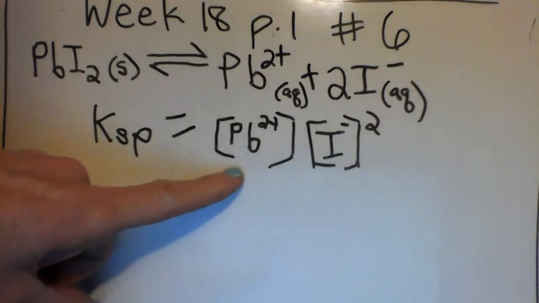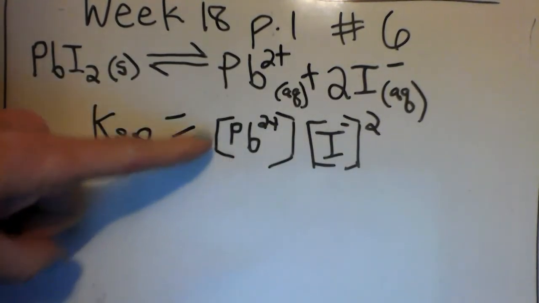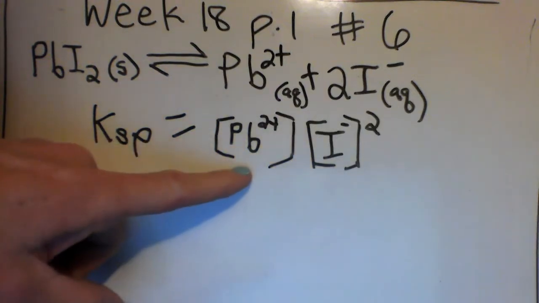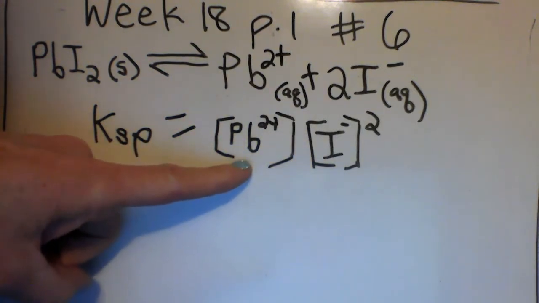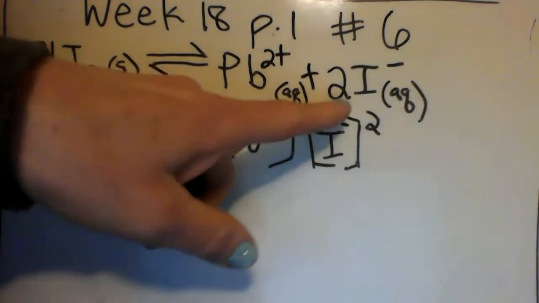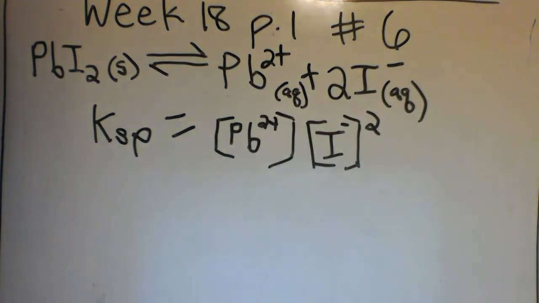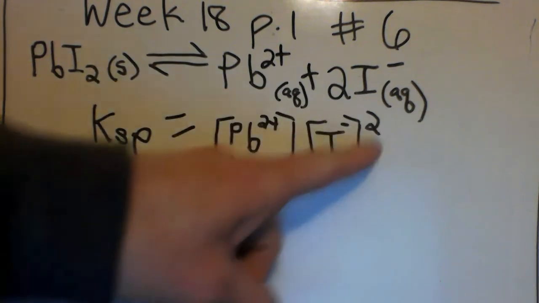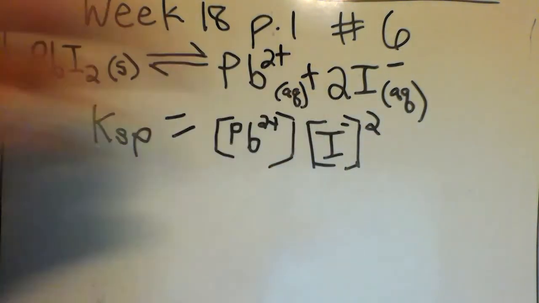And when we put them on top of the fraction, we make these little brackets around them to show that the number we're going to use here is the concentration of these particular ions in the solution. We take any coefficients that we see in the equation and we make them the concentration to the power of whatever the coefficient is.